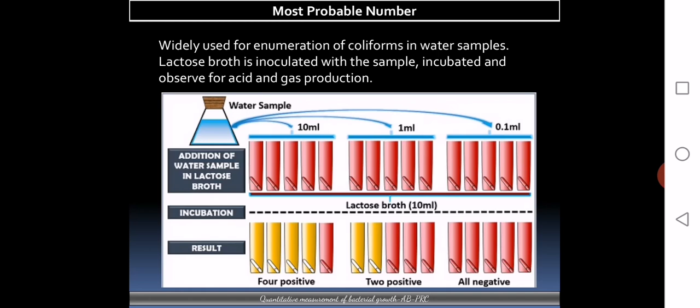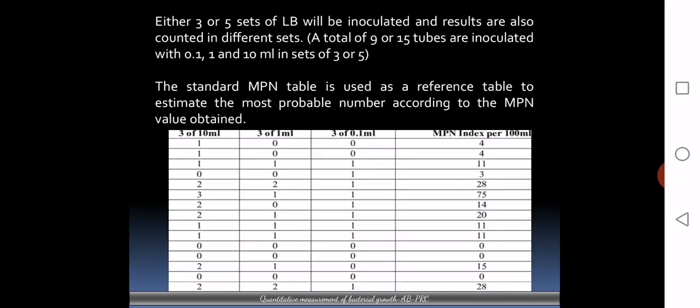Usually we can perform this experiment either as a set of three or five, that means there will be 3 sets, and in each set there will be either 3 test tubes or 5 test tubes. Okay, so there will be either a total of 9 test tubes if we are using 3, or 15 test tubes if we are using 5.